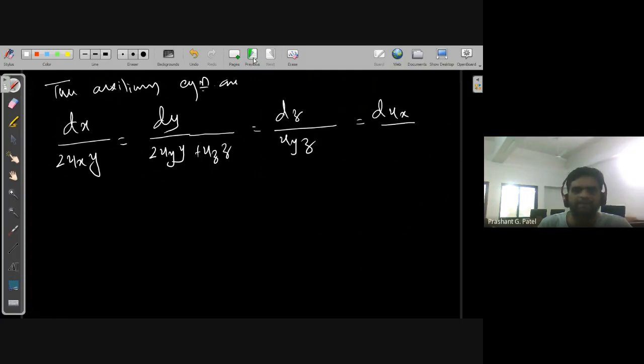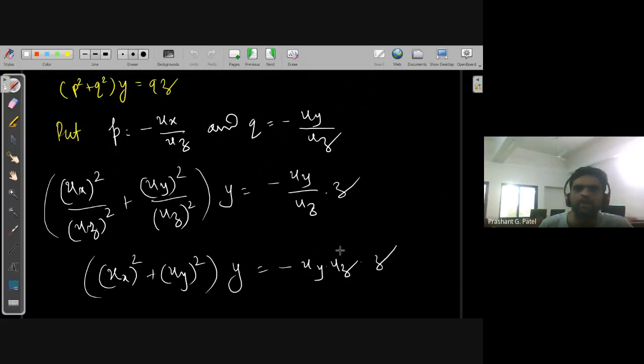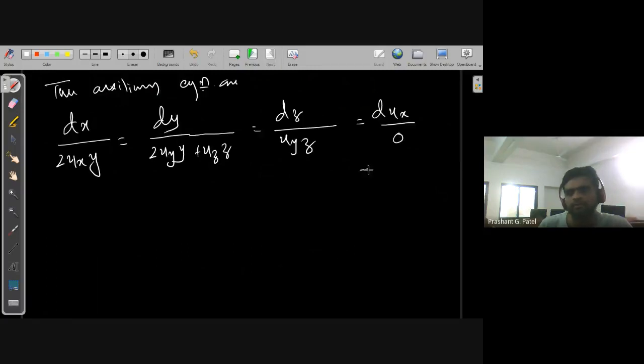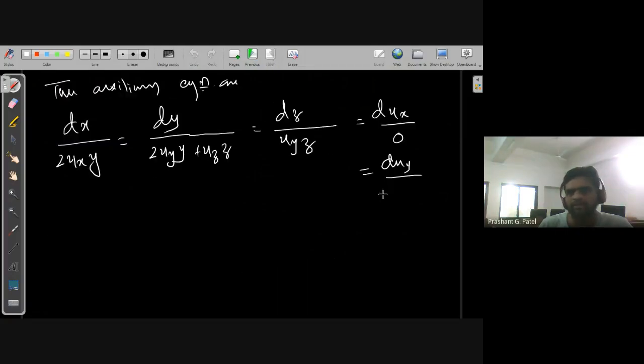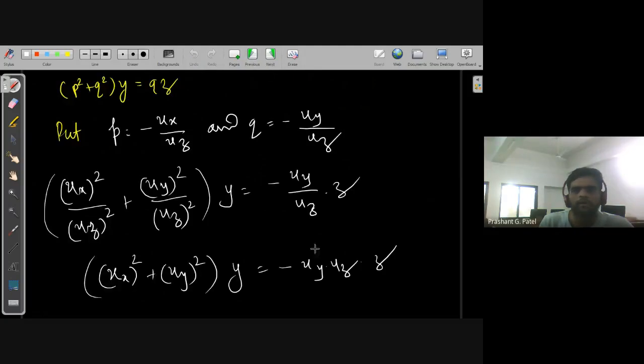dux upon f_x. x is not involved here, so that's why this is 0, equal to duy upon f_y, that is ux square plus uy square, equal to duz upon, this is minus, the derivative of this with respect to z.